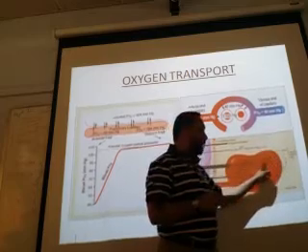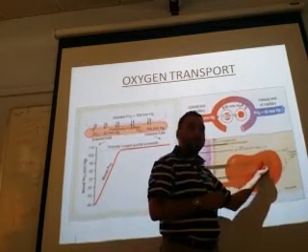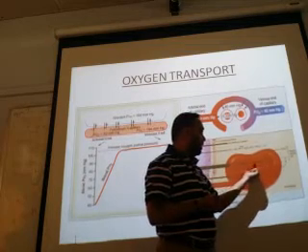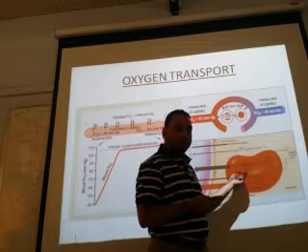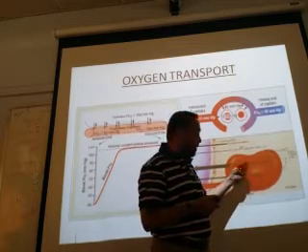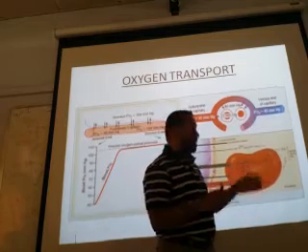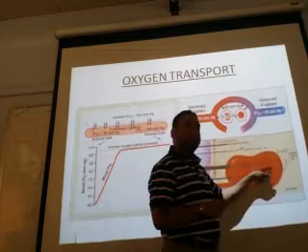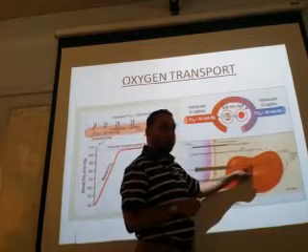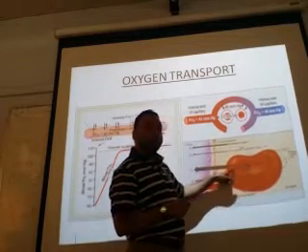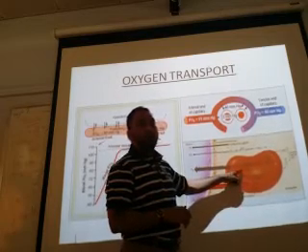When bicarbonate comes back in, this proton and the bicarbonate combine, forming carbonic acid. Again, there is the carbonic anhydrase, and this carbonic anhydrase makes the reaction very fast. Which reaction? Association of hydrogen and bicarbonate, formation of carbonic acid, and carbonic acid dissociating into water and carbon dioxide.